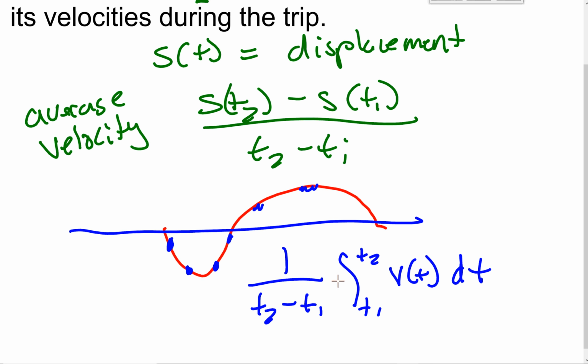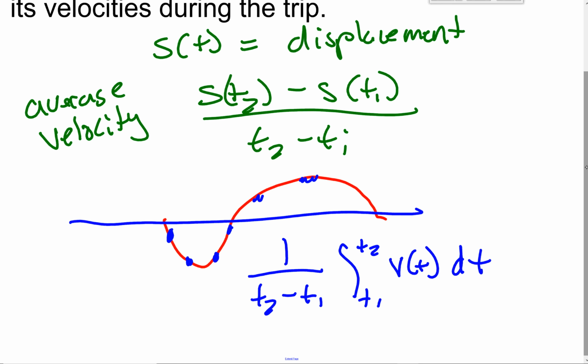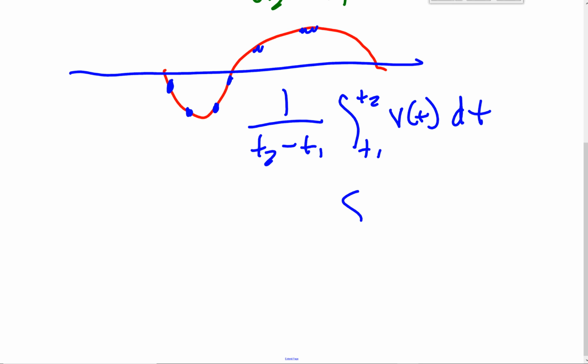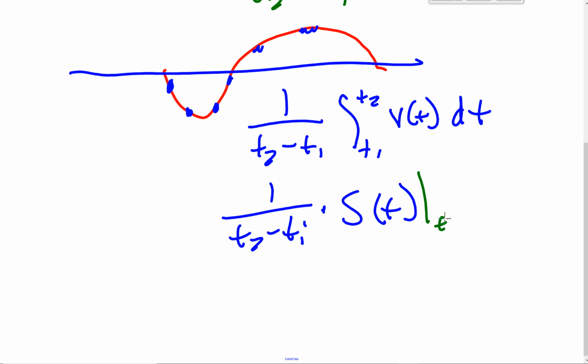Well, the antiderivative of our velocities function is our position function, s of t. Then we take the definite integral, but we have to take this from a to b, which is t1 to t2.